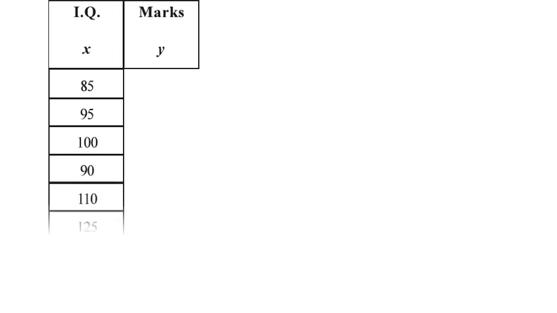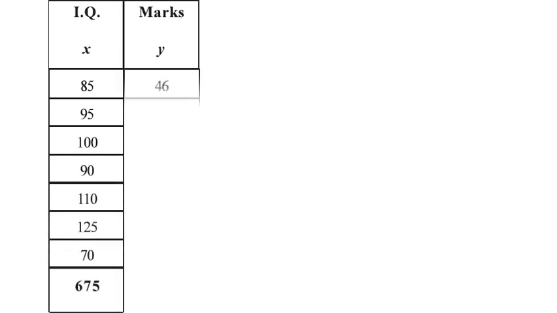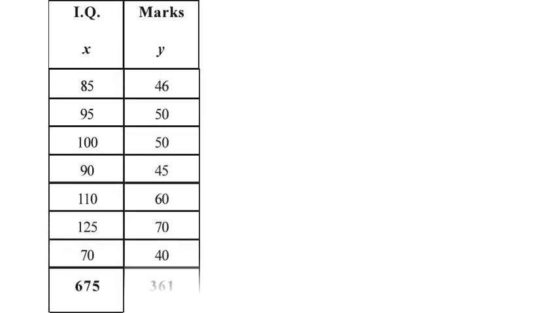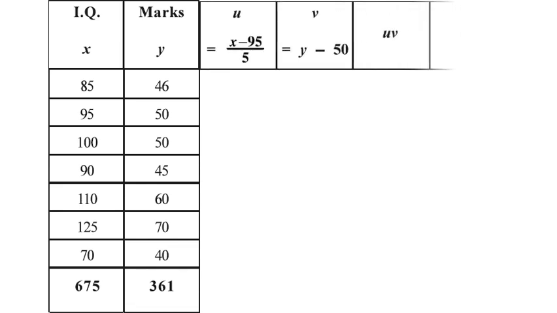We will start by writing down the question itself properly. Don't make a mistake while copying down the question and the total. Now the columns are u, v, uv, u square. Here u is x minus 95 upon 5, v is y minus 50, simple, no division.